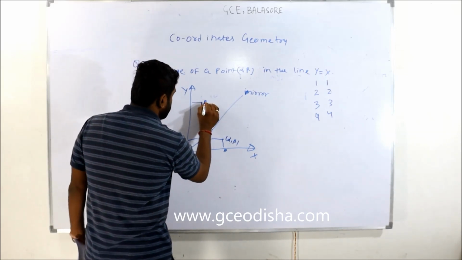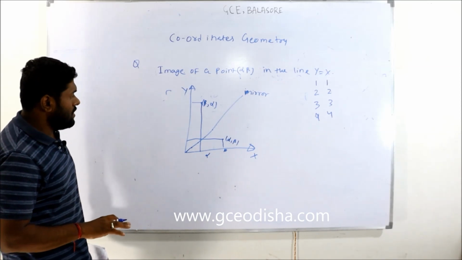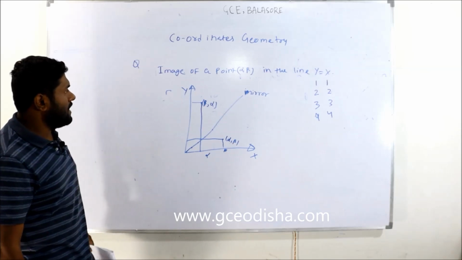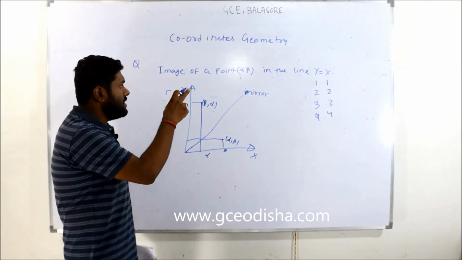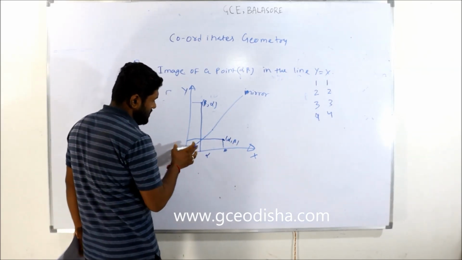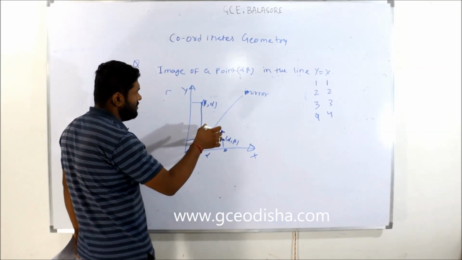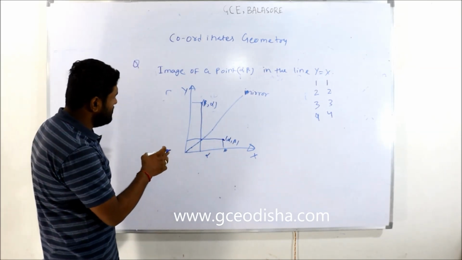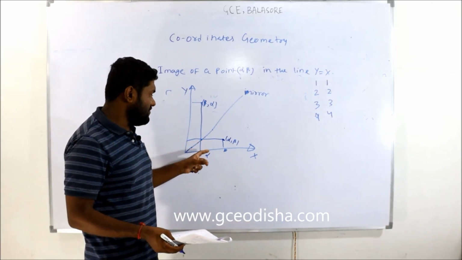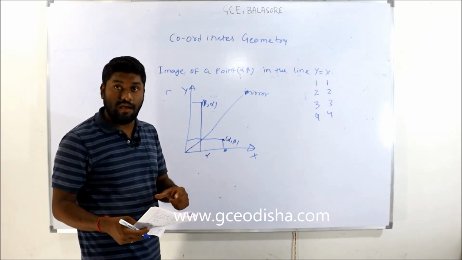It just reverses the alpha coordinate and the beta coordinate: the x coordinate goes to y and y goes to x. You can find the answer, the image of the point (alpha, beta) in the line y equals x. Just reverse the point. In this diagram it is not showing clearly as the image, because it is not drawn to scale, but when you draw with respect to a graph, you can find the actual value in the graph.